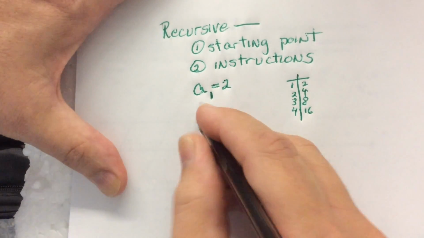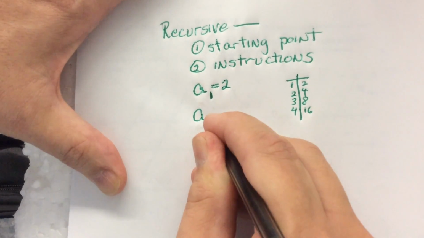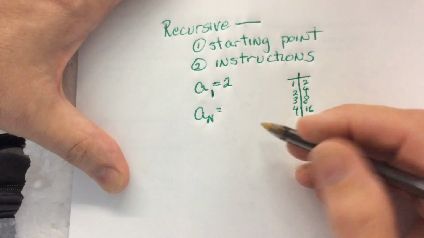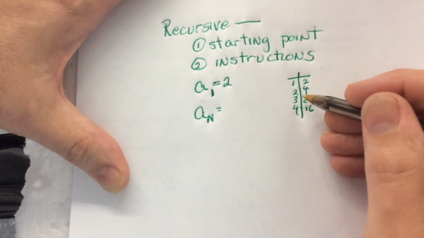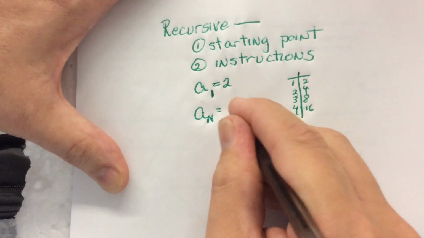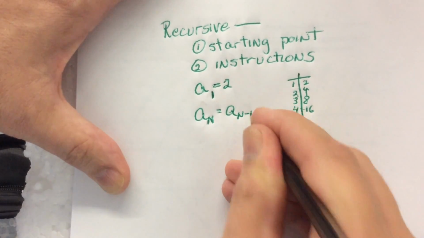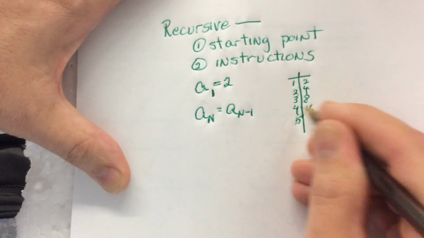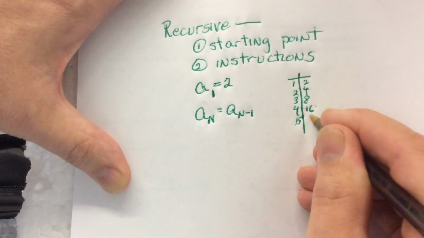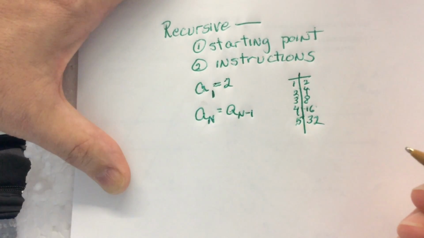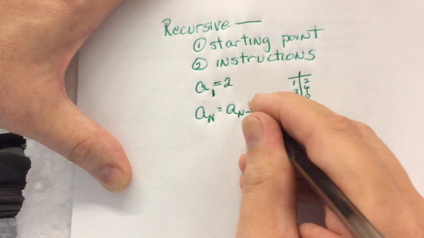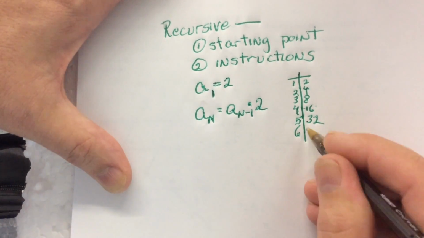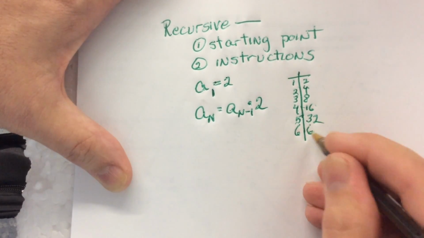If I want any term, and I know what the term before it was, all I have to do is take the term before it. Like I want the 5th term. Well, I have the 4th term. Multiply that by 2. That's recursive. I can get the sixth term now by multiplying the fifth term times 2.